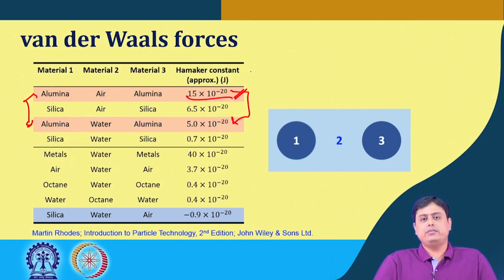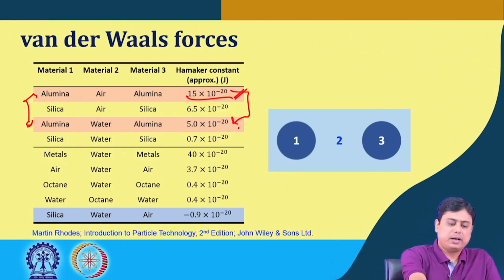As we change the intervening medium to water, the attractive forces have decreased, which means these particles are now easier to separate. The attractive forces have been reduced, so it can now be easy to separate them.